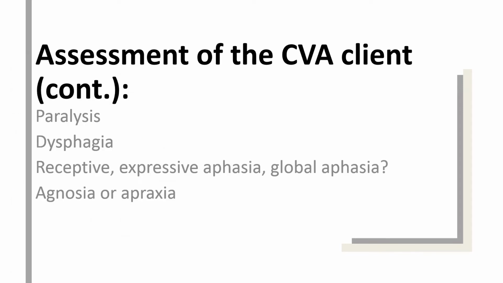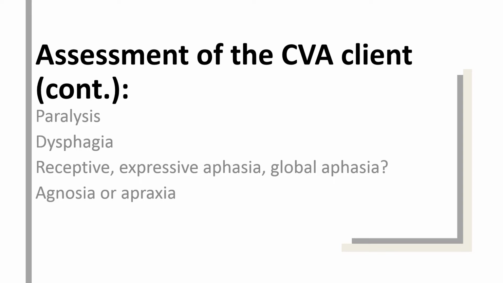Further assessment of the client includes looking at their paralysis. If they have dysphagia, do they have aphasia, agnosia, or apraxia? Paralysis is broken down into 2 types, spastic and flaccid. Spastic paralysis is when the voluntary muscle control is lost and the nervous system tries to compensate. So the strong flexor muscles exert control over the extensors.